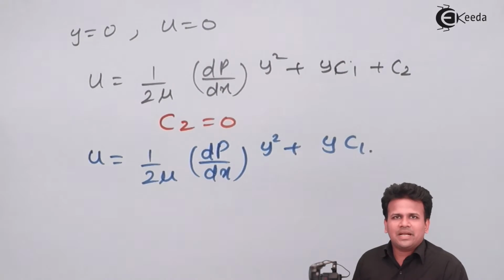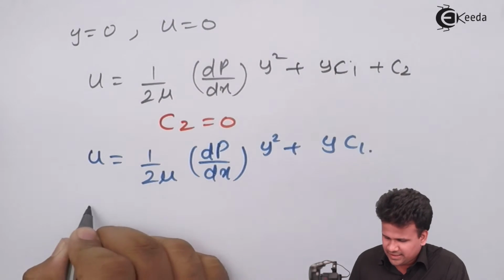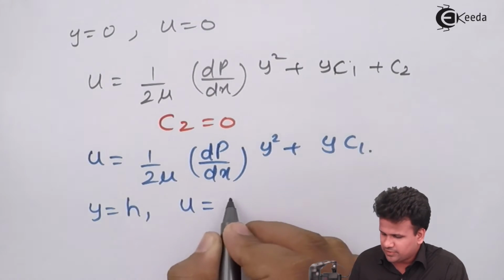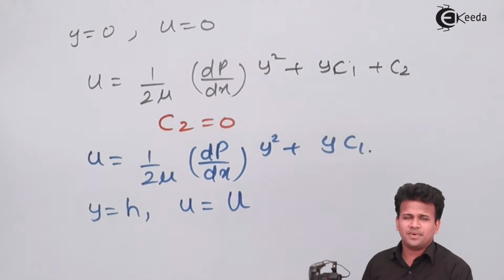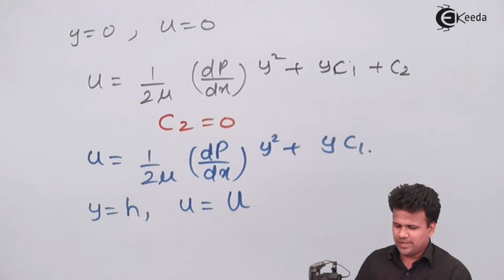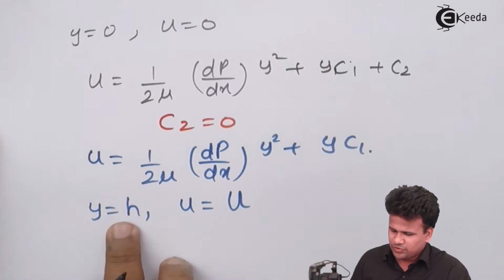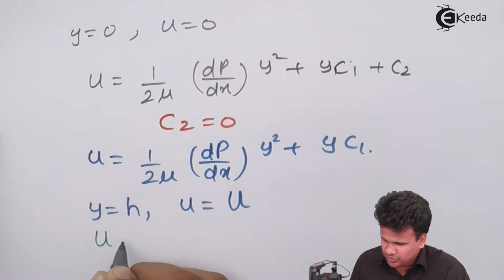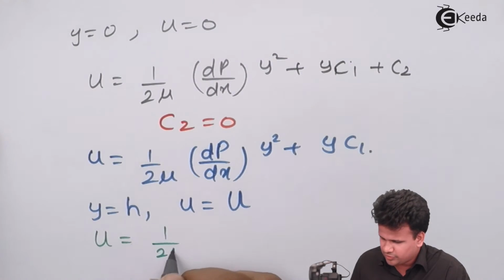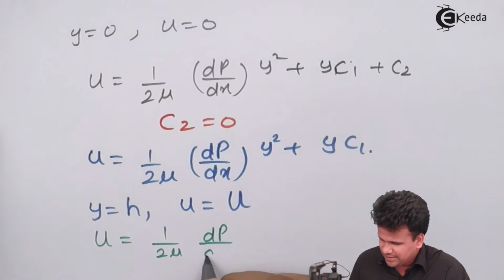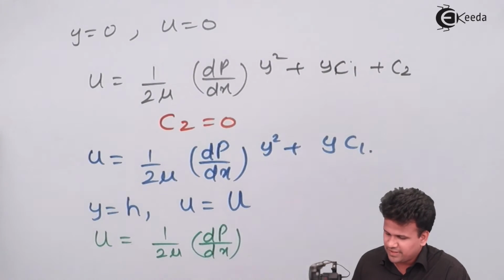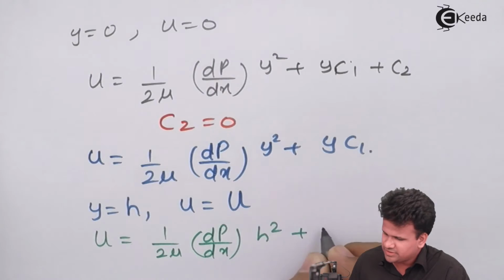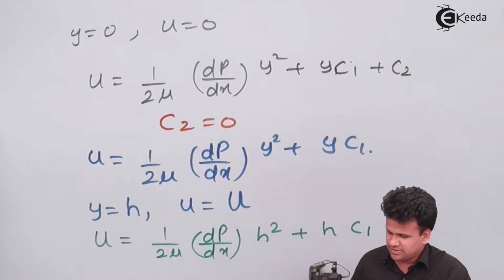Then let us apply the second boundary condition, that is when y equals h, u will be equal to u max, or maximum velocity. So instead of y, we substitute the value of h. Capital U will be equal to 1/(2 mu) dp/dx * h^2 + h*c1.